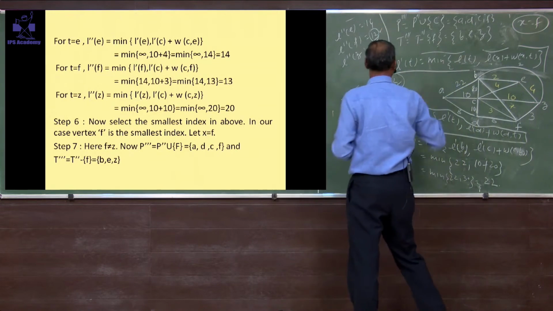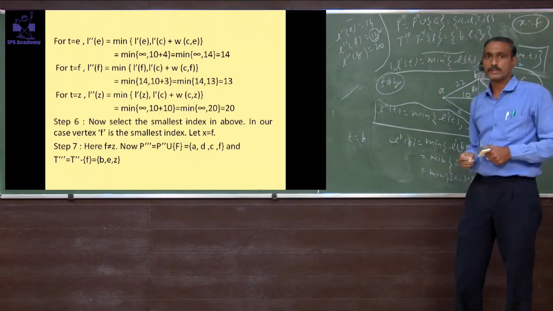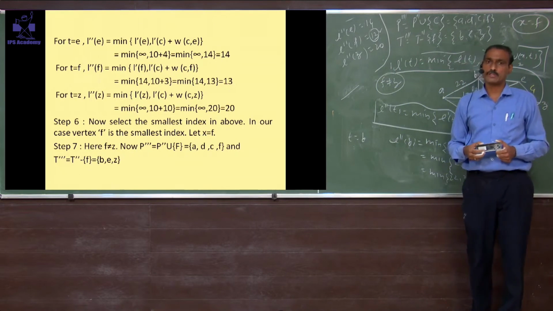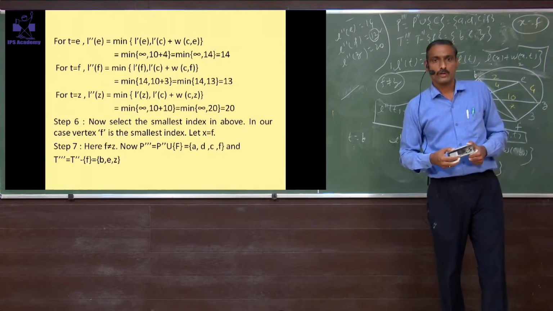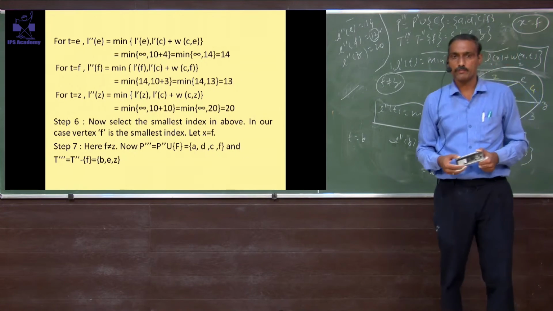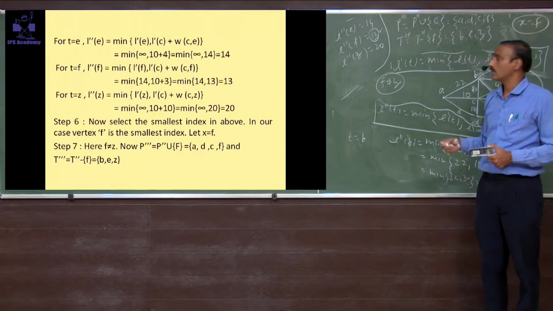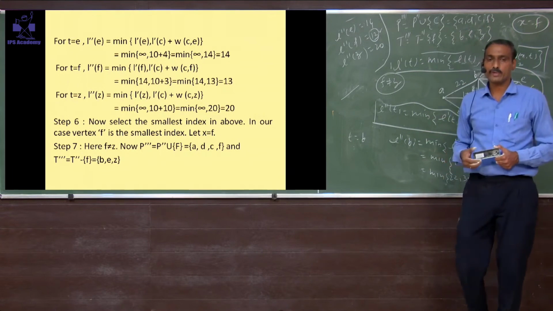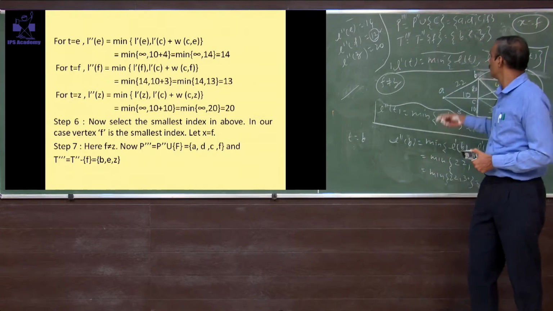So we continue and we repeat the same procedure here. In our case, F is the smallest index and x equal to F. Now we create a new path here, P triple dash equals to A comma D comma C comma F, and new T triple dash equals to B E Z.